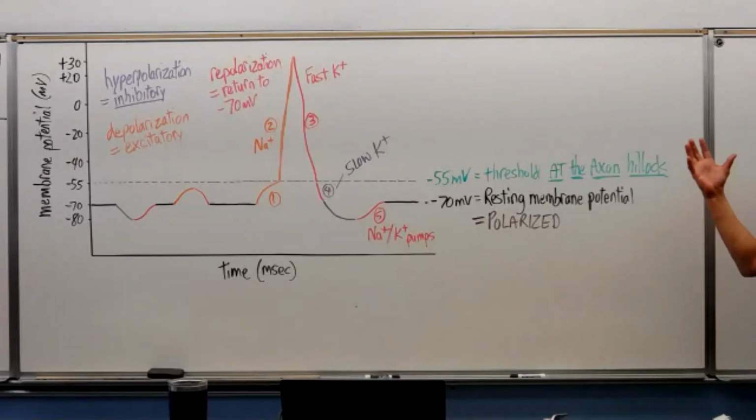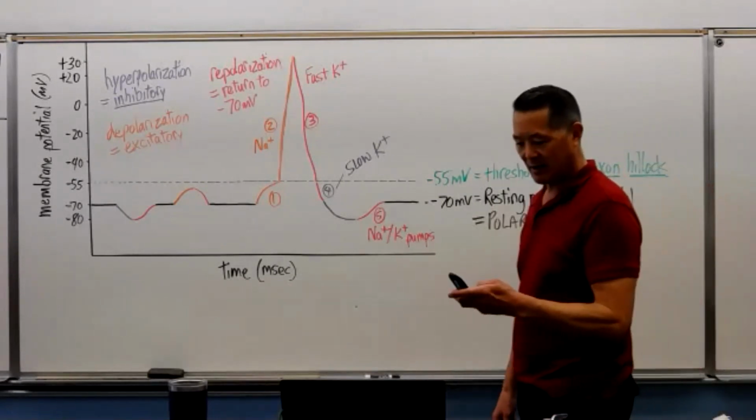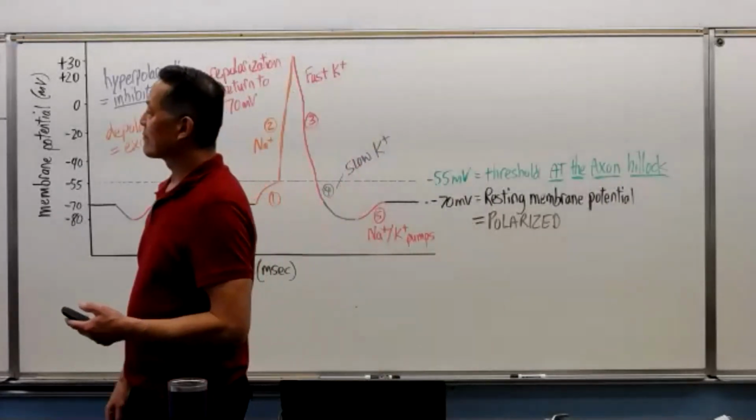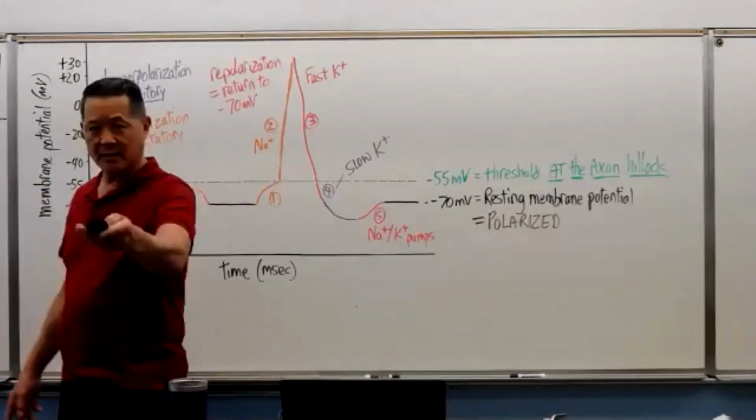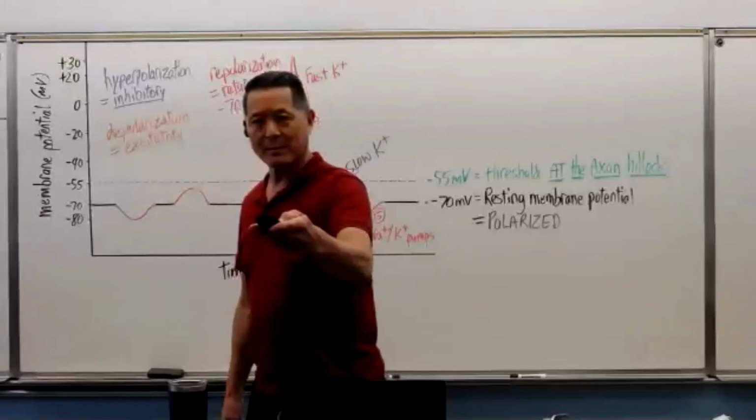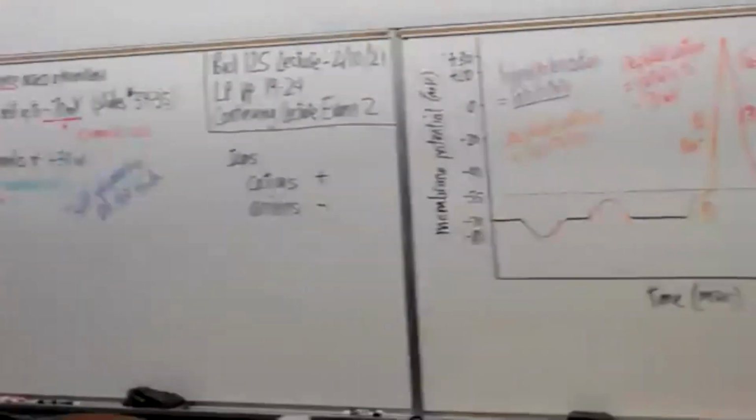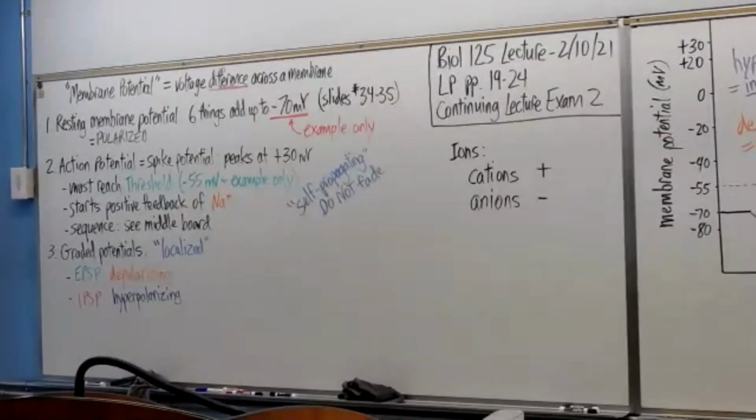Summation is about how all those signals come together at the axon hillock. Okay. And then again, here are the membrane potentials that we're talking about today.